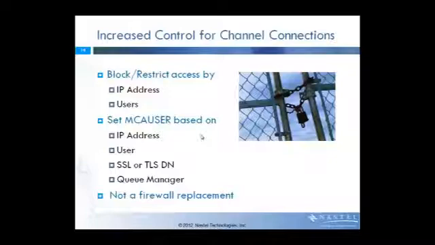All of those things can be done now within the client definition. You can also choose whether or not SSL is required in order to connect, and then again that could be by IP address as well. So certain IP addresses could require SSL connections, whereas other IP addresses could in fact get their MCA user set and not require an SSL connection.